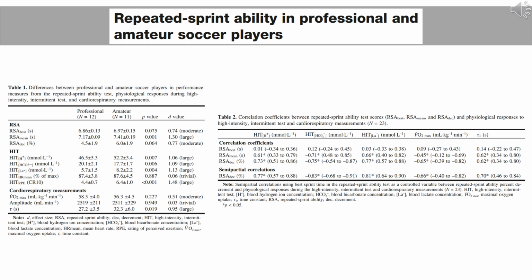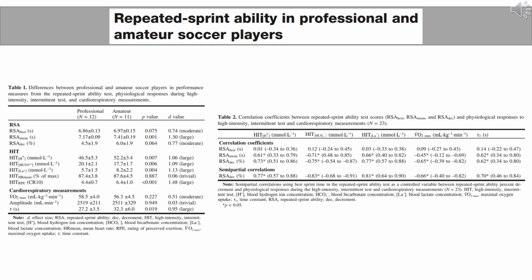And our cardiorespiratory measurements is primarily looking at the time constant and aerobic capacity as measured by maximal oxygen uptake, which is our VO2 max. We've got data here for professionals, amateurs, and then very helpfully we've got our effect size values in the final column.